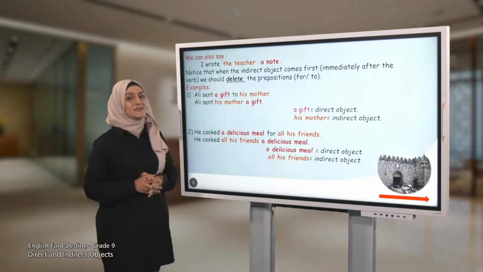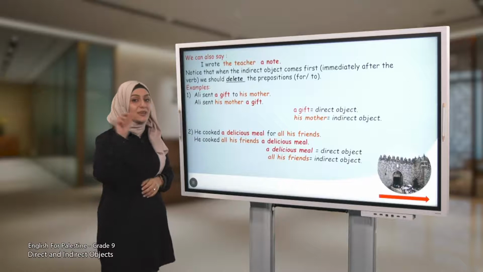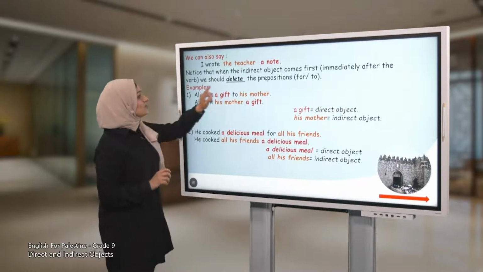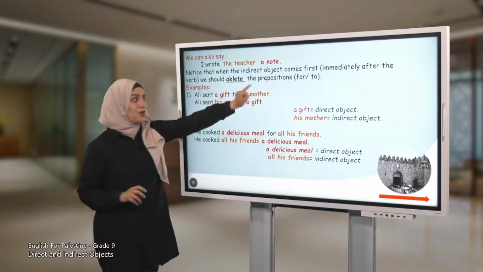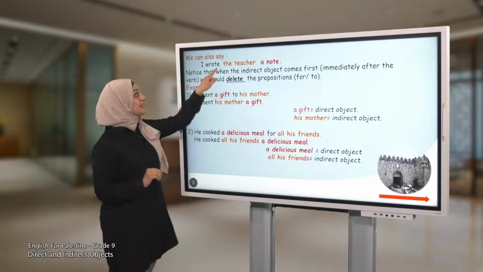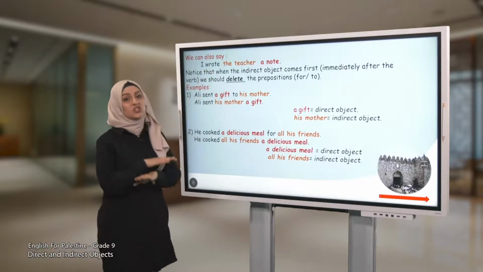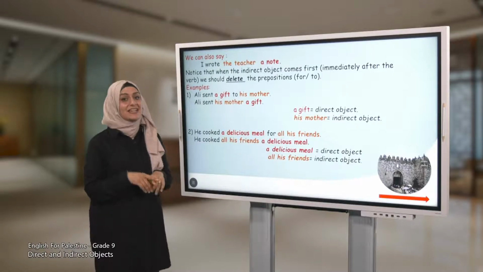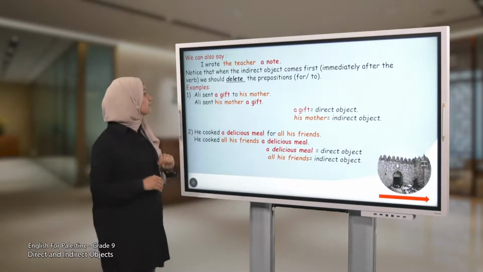But what happened? Yes, we removed the preposition to or for. So, if the indirect object comes immediately after the verb, we should delete or remove the preposition that comes with it, like to or for.